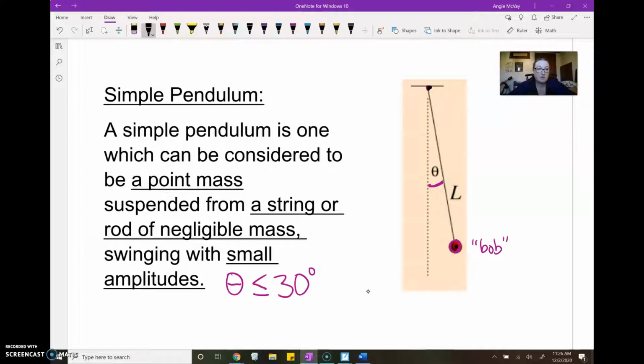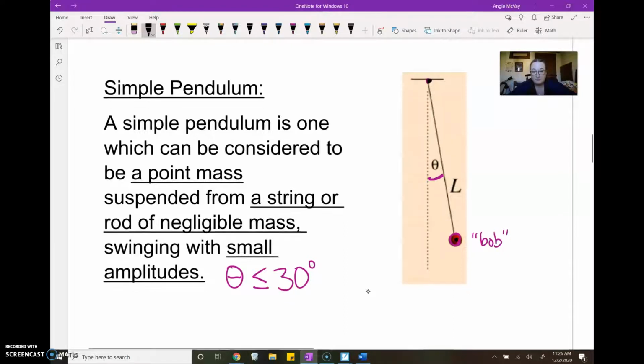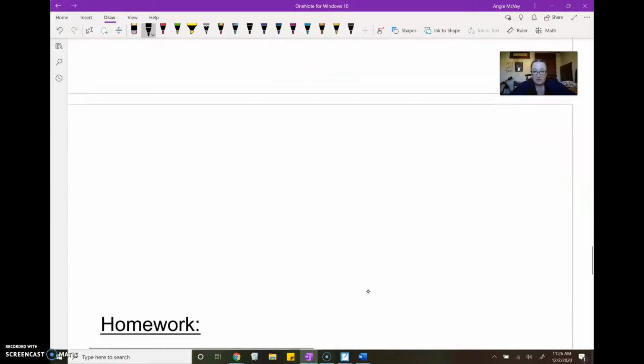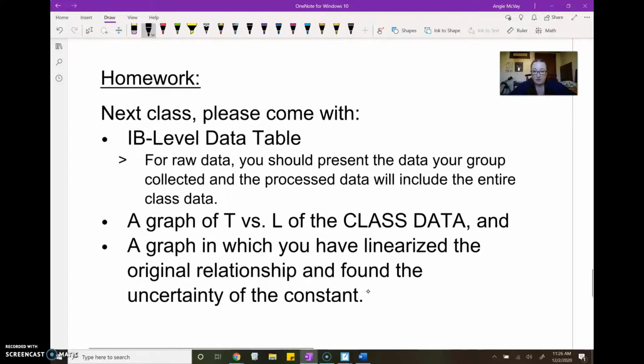This is often a place where there's more significant uncertainty depending on what you choose as your bob. So, from the center of the axis of rotation to the center of the bob.